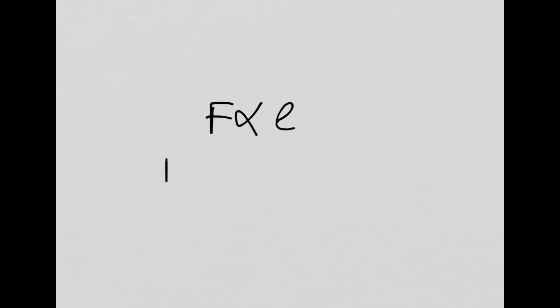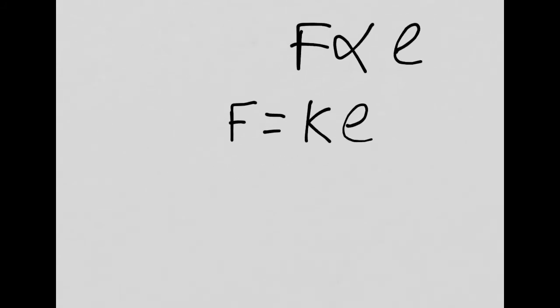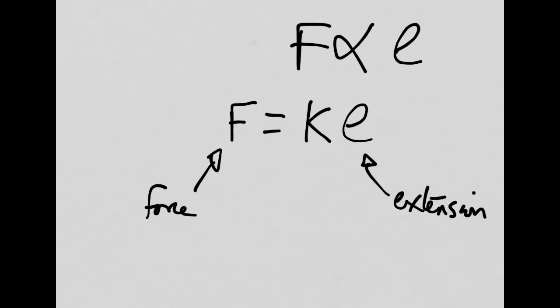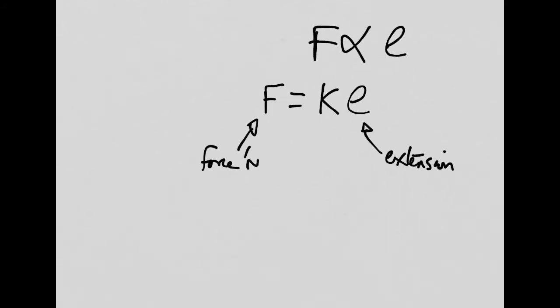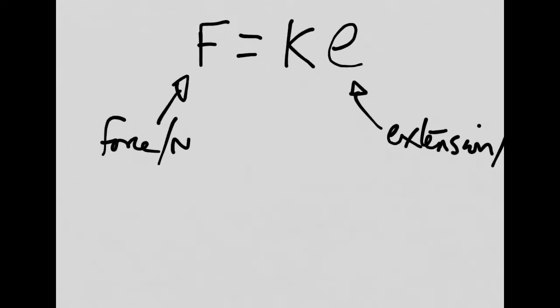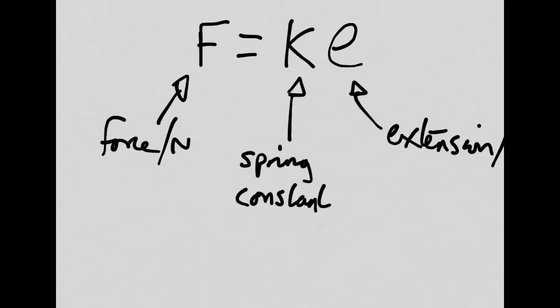We can put force is equal to some constant k times extension. Right, let's go over some of these terms. So this is force. This is extension. Force is in newtons, extension is in metres. Now this k is our spring constant, measured in newtons per metre.